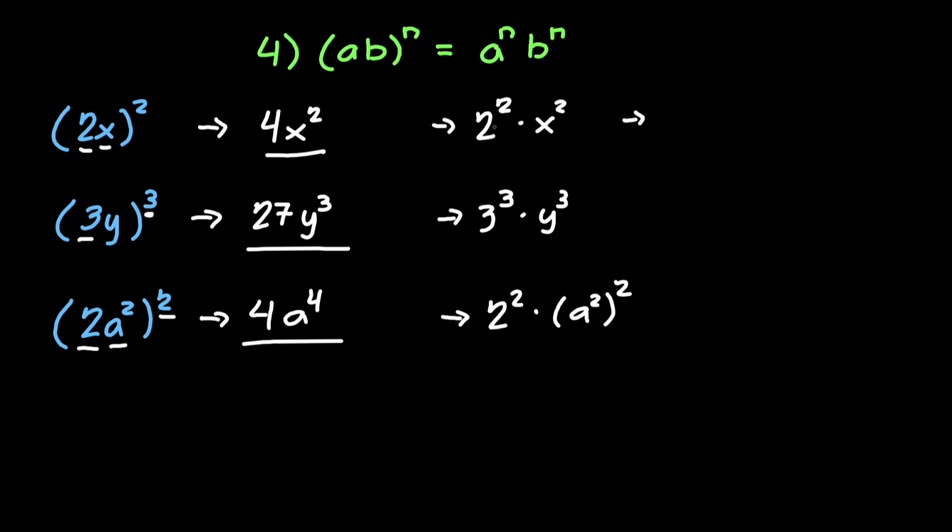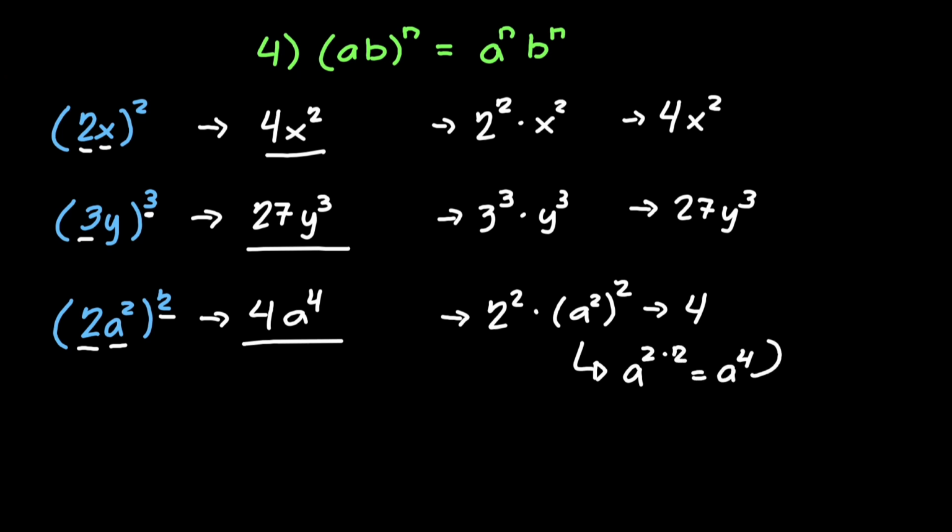So 2 squared is 4, and just multiply this by x squared. 3 cube would be 27, multiply this by y cube, and 2 squared would be 4, and a squared raised to the power of 2 will simply be a raised to the power of 2 multiplied by 2, which is a raised to the power of 4.